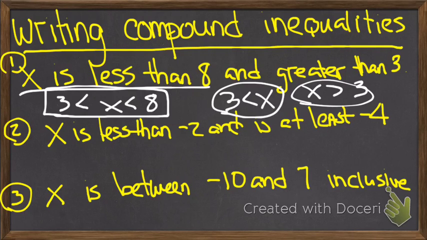Anybody think they got number 2? X is less than negative 2 and is at least negative 4. Okay? Yeah, I don't have a symbol for at least.